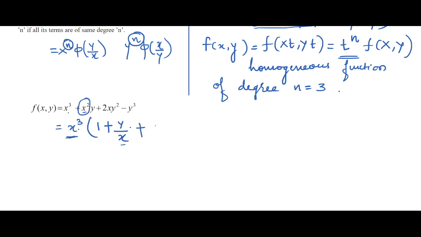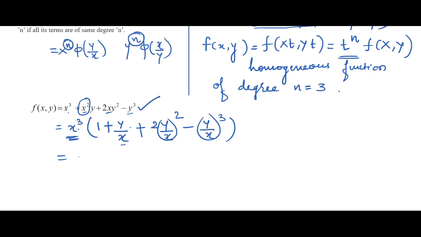Plus, here we have only x, so we divide by x square: 2 times y by x whole square, minus y by x whole cube. When we multiply x cube inside, we get the same terms again.